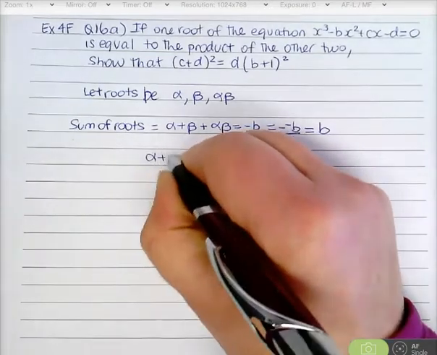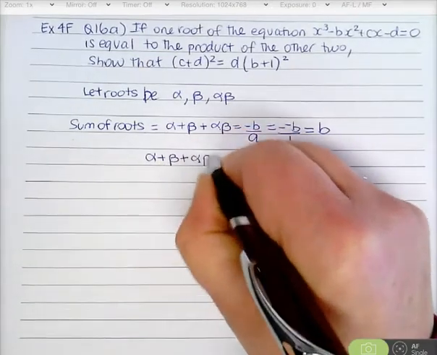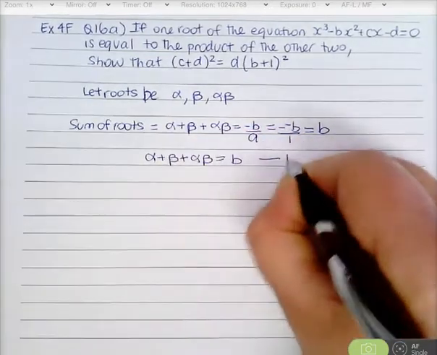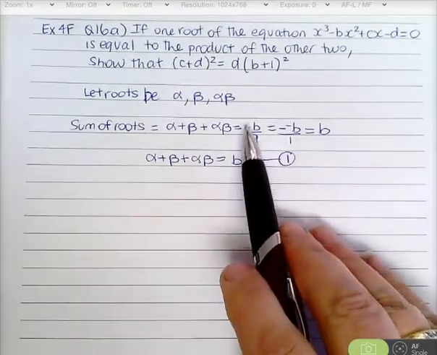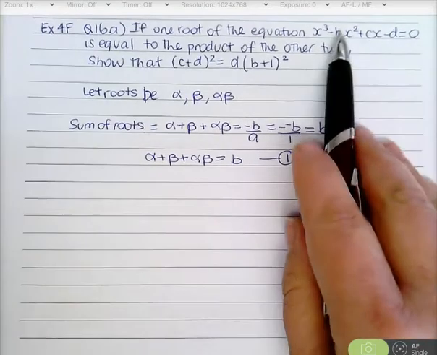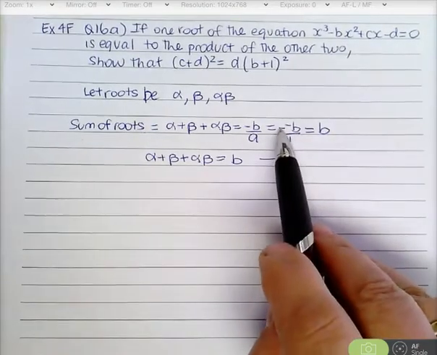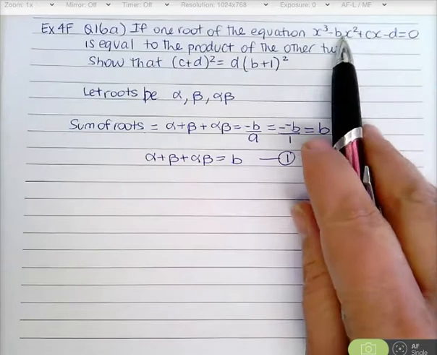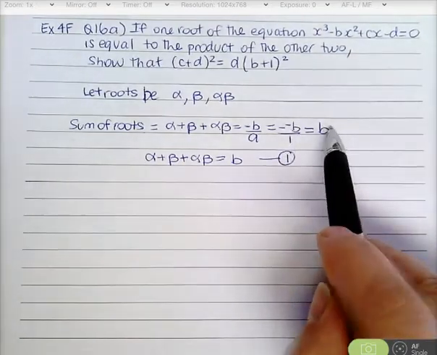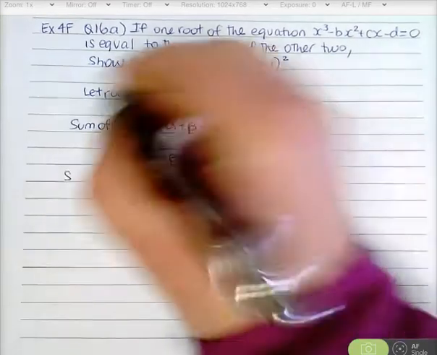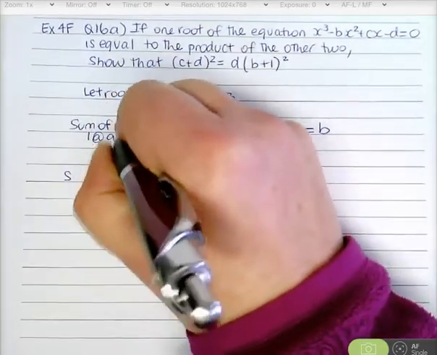So we've got that alpha plus beta plus alpha beta is b. Now that's equation 1. Now you've got to be very, very careful here because it's minus b on a. I know you've got a b here, but you've got to be careful that it's minus and then look up at what b is, and it's negative b. So you've got to be really careful with that, that you get a positive b there. So that was sum of roots 1 at a time.